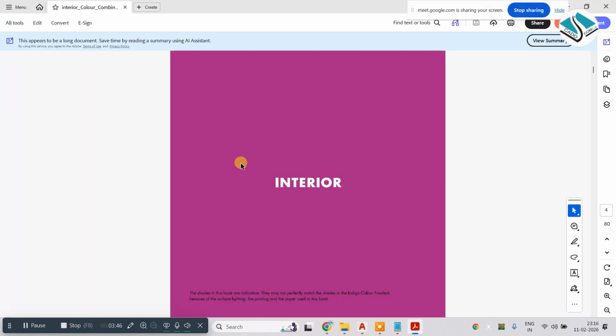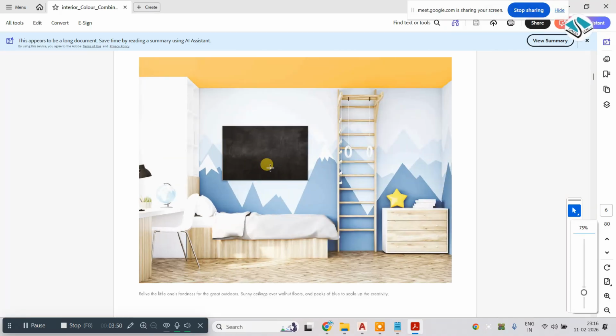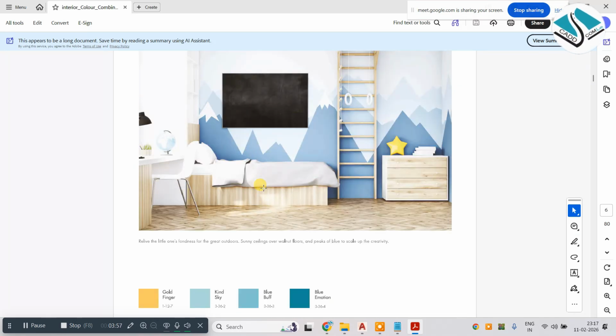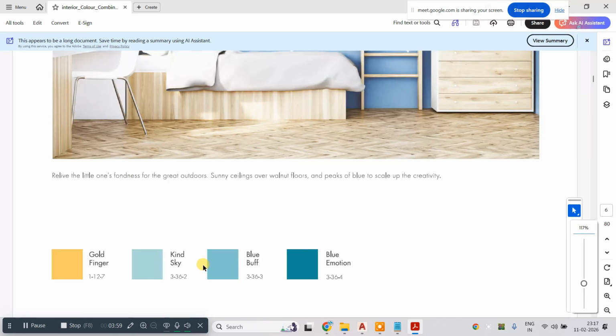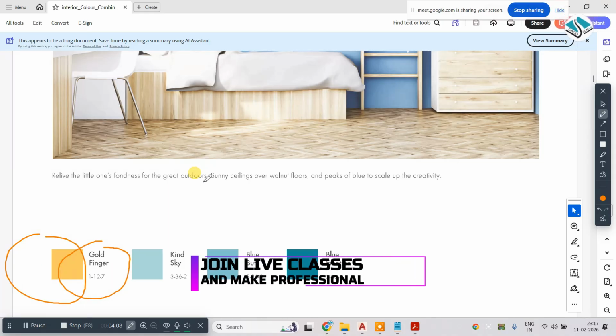So in catalogs, we can see examples of the interior, and also we can choose the color of the interior on the basis of catalogs. In catalogs, we see the color and also the code of that color.